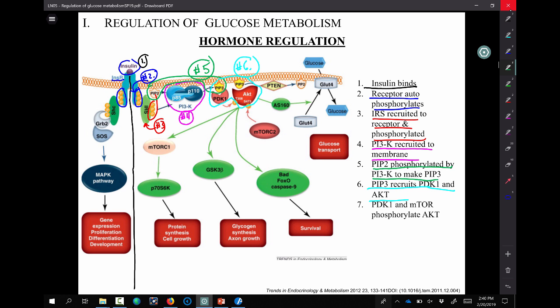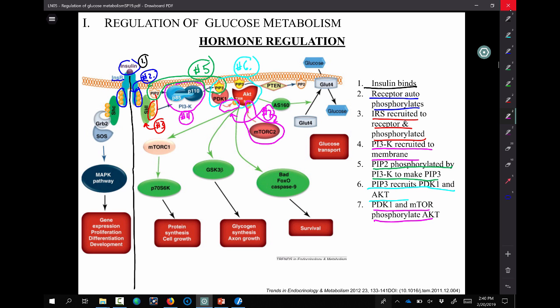Now, here's step number 7. You say, oh, are we almost done? Kind of, okay? Step number 7 is this, and this. AKT will be phosphorylated by PDK1 and mTOR. Unfortunately, there's 2 versions of mTOR.